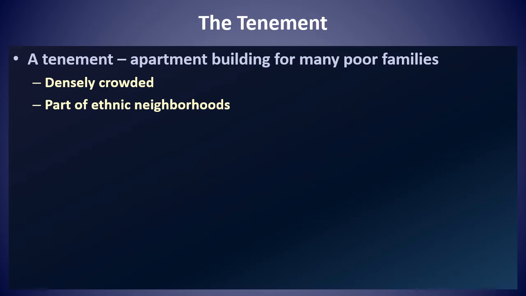Columbus could have been like that. We've got an Italian village, a German village, a Hungarian village. So we have ethnic neighborhoods. We just never had the tenement district like you would see in New York.